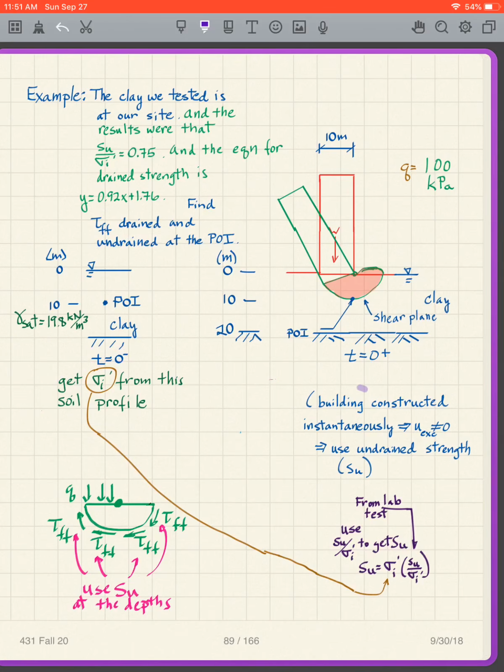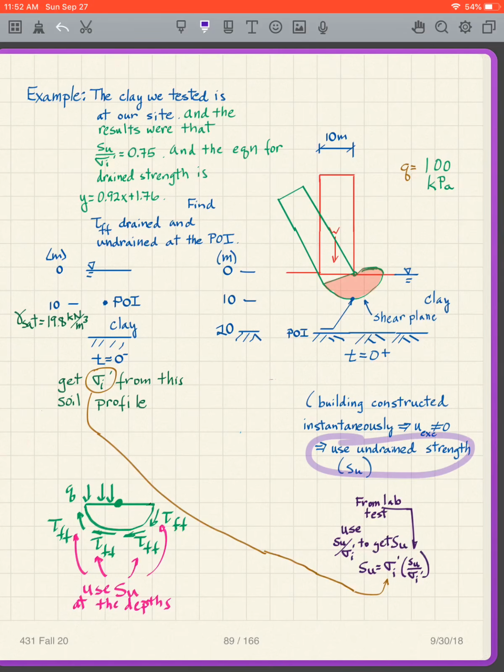Now, we're going to make the assumption that this building is constructed instantaneously, which of course we can't do. That means what? It's a rapid, fast loading, total undrained fast, and so we're interested in the undrained shear strength.